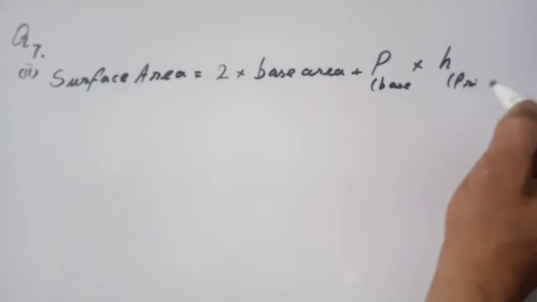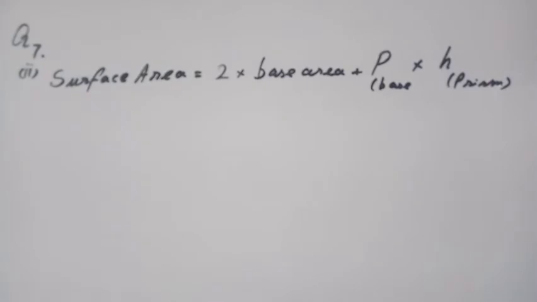Prism. This way we find out the surface area of any prism, and this solid is just like a prism. So keeping in mind the way to find out surface area of the prism, we will find out the surface area of the required solid.